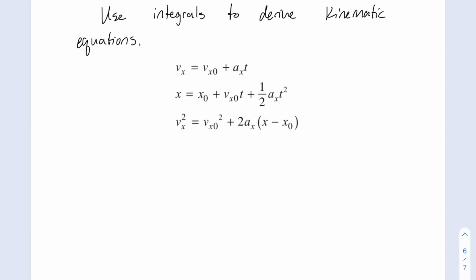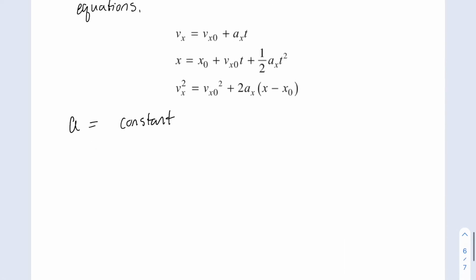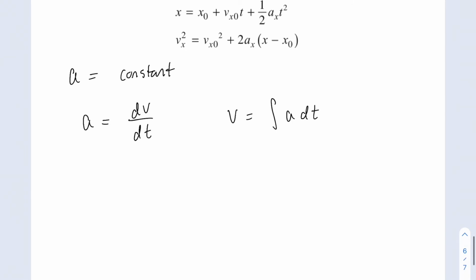So first of all, these only work if acceleration is constant. So acceleration is a constant. Okay, so we need to start with that assumption. And what we also know is that acceleration is the derivative of velocity with respect to time, and velocity is the integral of acceleration with respect to time.